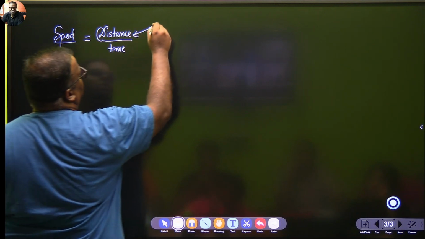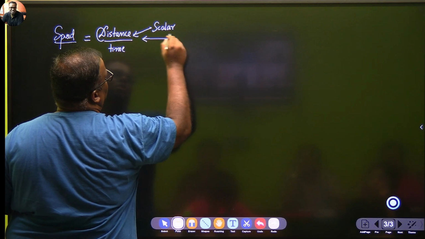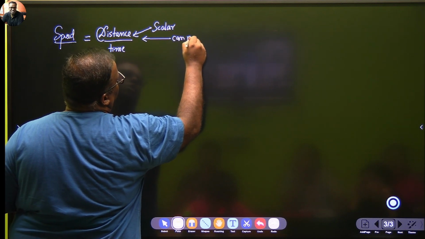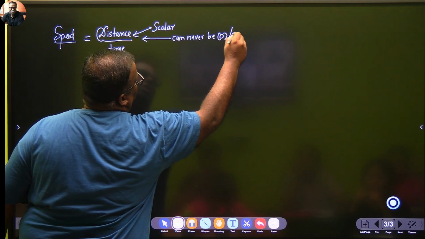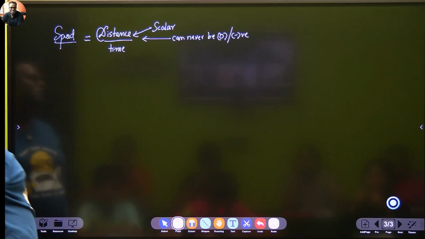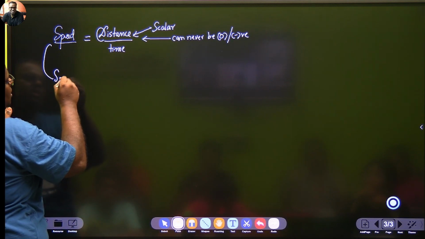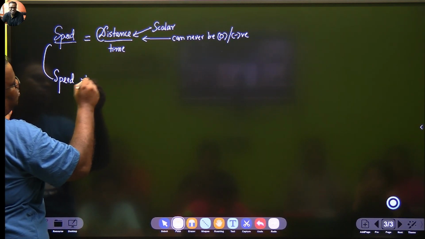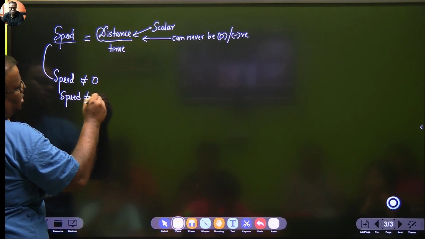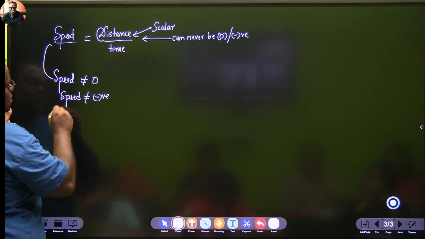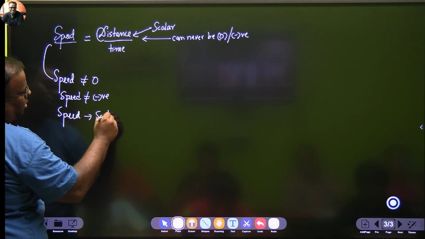This is what? Scalar. Second thing, what? Can never be zero or negative. है ना? तो बस अब इसके ऊपर लिखिए, speed can never be zero, speed can never be negative, speed is always a scalar.